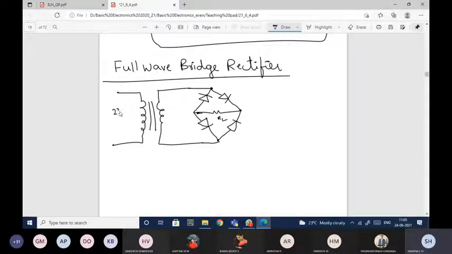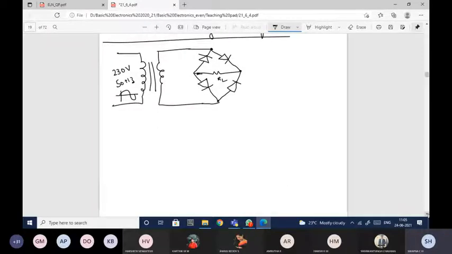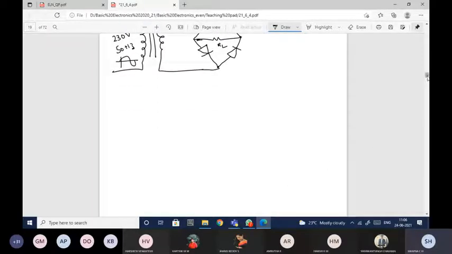Here we'll apply a 230 volts, 50 hertz signal, which is nothing but a sinusoidal signal. Again we need to analyze what will happen for the positive half cycle and what will happen for the negative half cycle. Along with this I will also take the input and output waveforms.